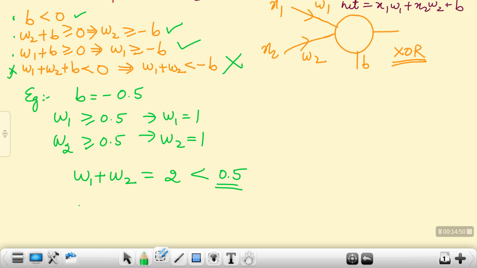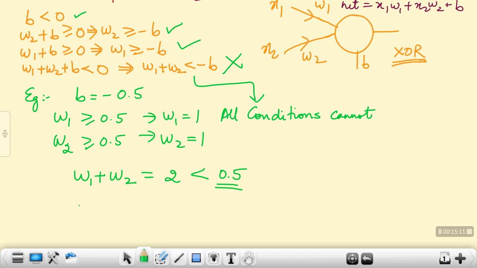So you can write as a conclusion that these 4 conditions which are required, coming from the truth table, cannot all be satisfied by using a single neuron.